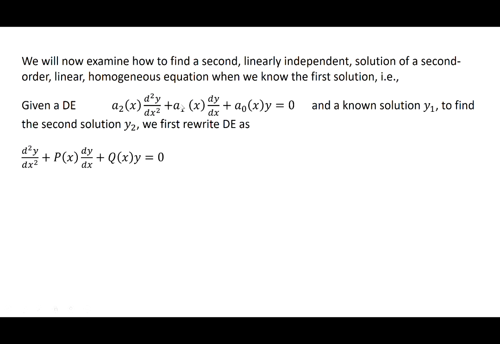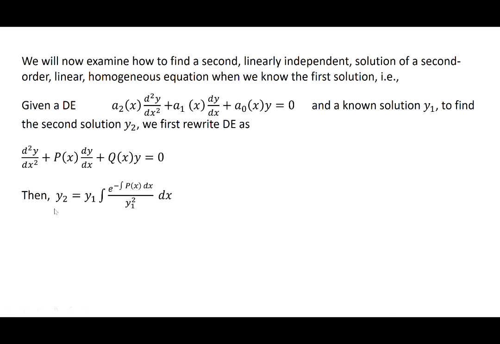So given an equation like this, you write it in this form, and basically you are picking this p of x especially. You really don't care about the q of x. Well, not for the second solution. It turns out the first solution depends on q of x, but not the second solution.